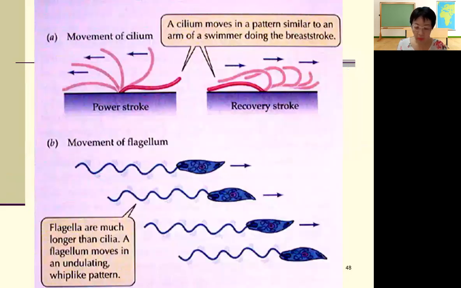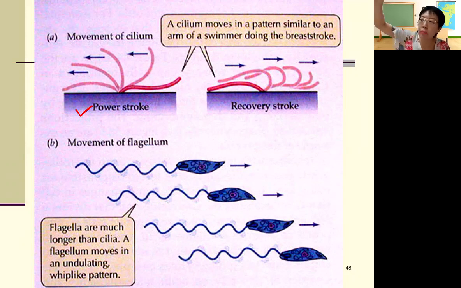Now, what's the difference of the movement between cilium and flagellum? Cilium will move more effectively in one direction. Let's say to the left side is the power stroke. It's like you're swimming: you are pushing your arm to the back inside the swimming pool in the water, so you need power to do that. This is called the power stroke.